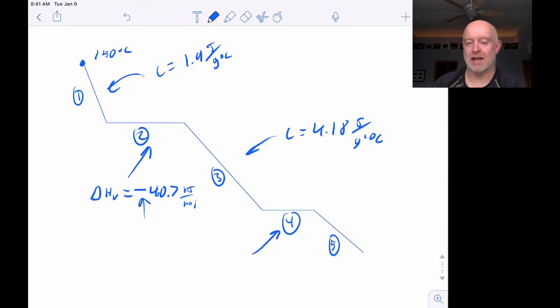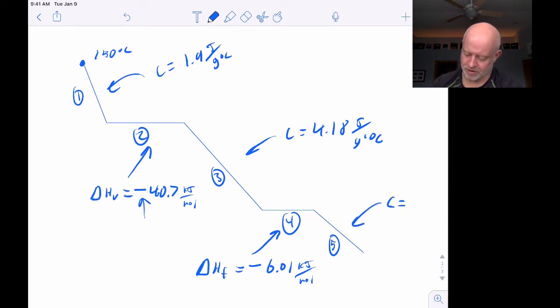In this leg, I am now freezing, so I'm going to use the heat of fusion for water, but the negative version of that, which is 6.01 kilojoules per mole. And then finally, I need another C value, which is ice's C value, 2.09 joules per gram degrees Celsius.